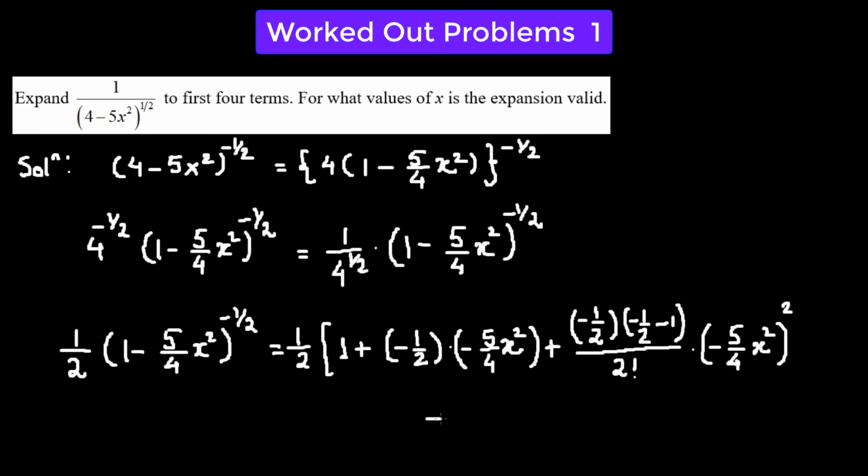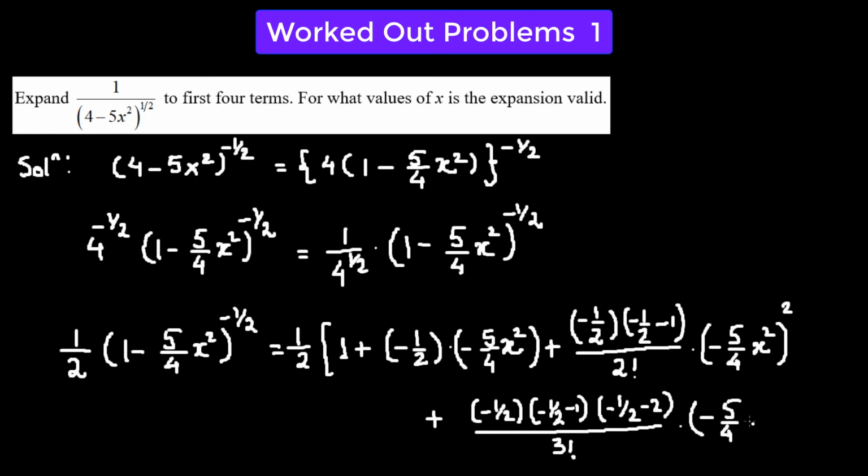And the last term, the fourth term, will be simply -1/2 times (-1/2 minus 1) times (-1/2 minus 2) divided by 3 factorial, whole multiplied by (-5/4 x squared) raised to the power 3, plus the remaining terms. Since we are asked to find 4 terms, this much will suffice.